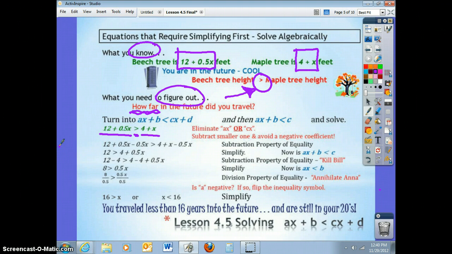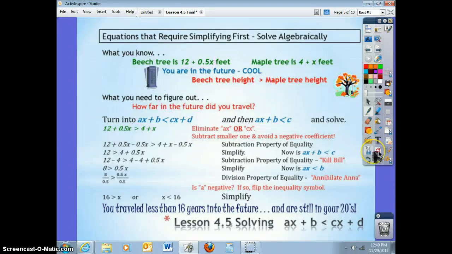Now, like we did in 4.4, we're going to take ax plus b is less than cx plus d, and turn it into an easier problem of ax plus b is less than c, and then solve for x. So, 12 plus 0.5x is greater than 4 plus x.